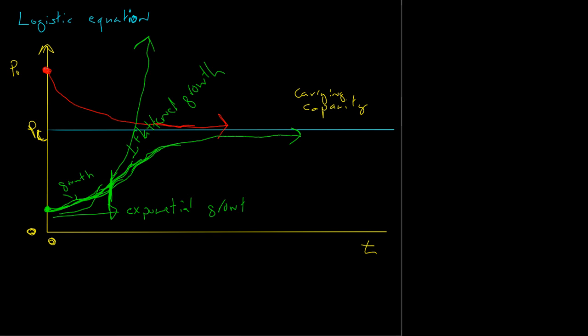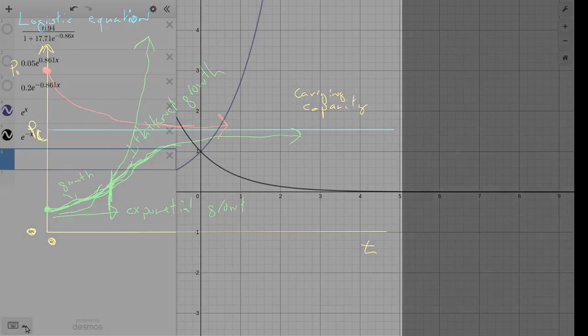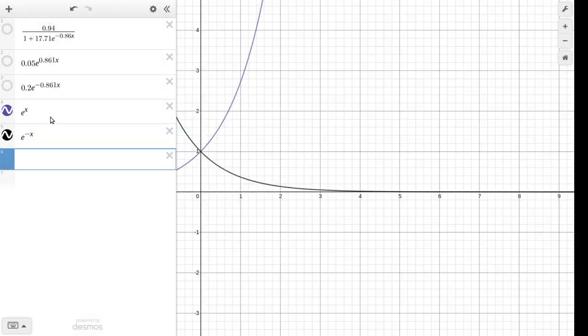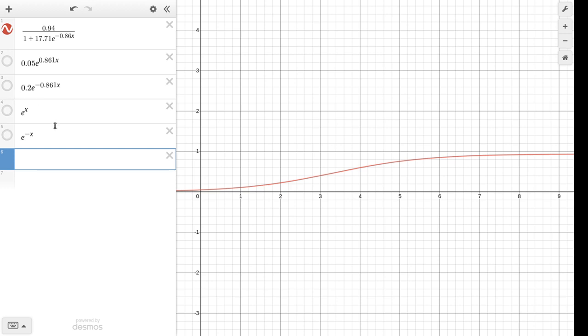Let me pull up a better logistic graph here. Though I'm quite happy with my drawing today, can do better. So here's an example logistic curve. It has this part that's almost exponential right in here, and then it flattens out.